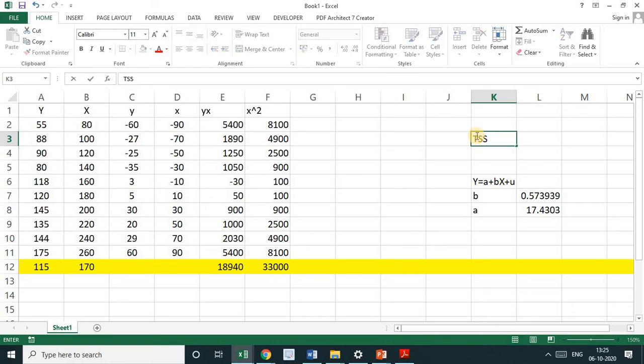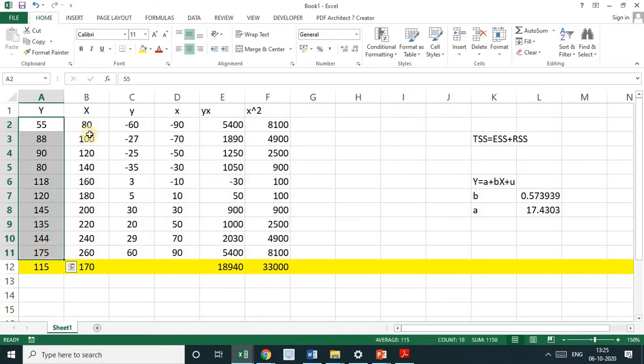Now, what is this TSS? TSS is equal to ESS plus RSS. This is the equality. The total changes in the dependent variable can be explained by X, and some of it cannot be explained by X. So what is TSS?